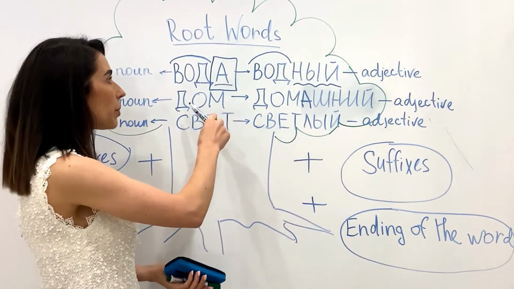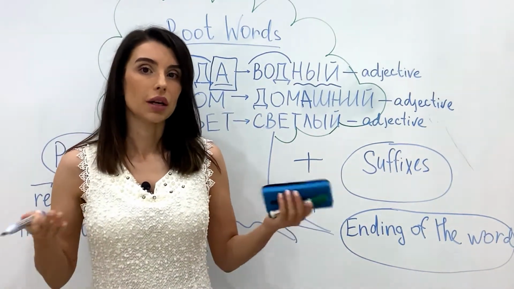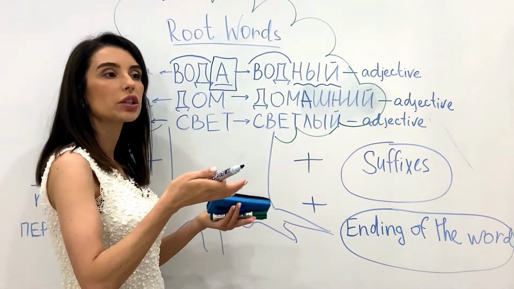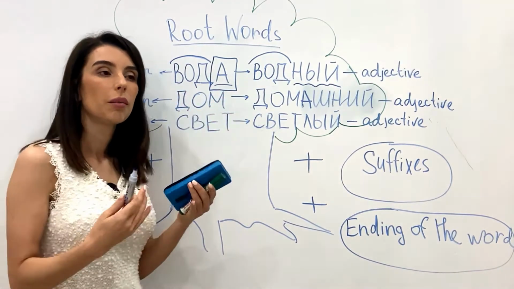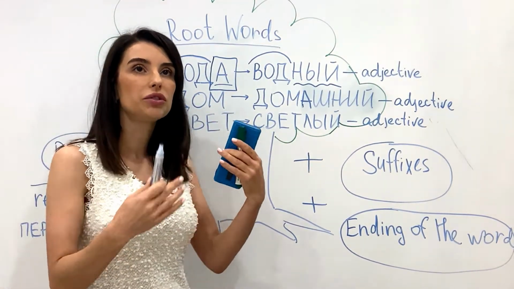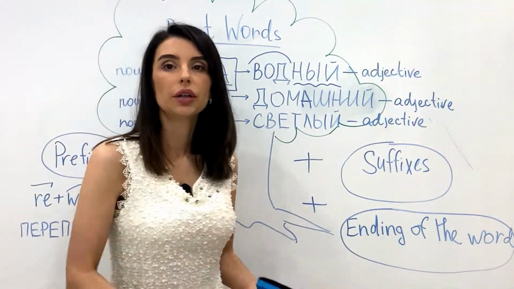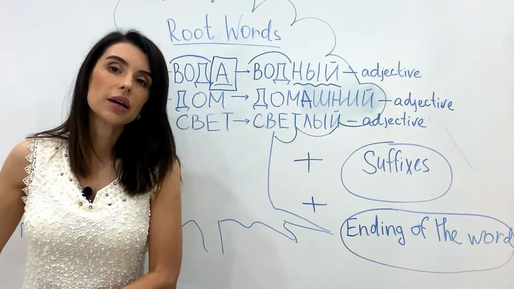So, for example, вода, it's a noun, can change if you are using this word but talking about different time, about future, about past.